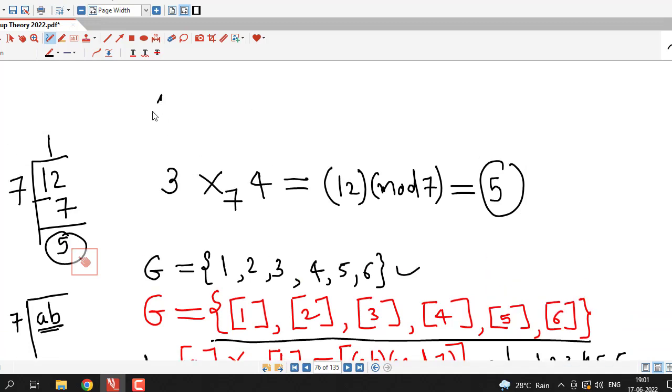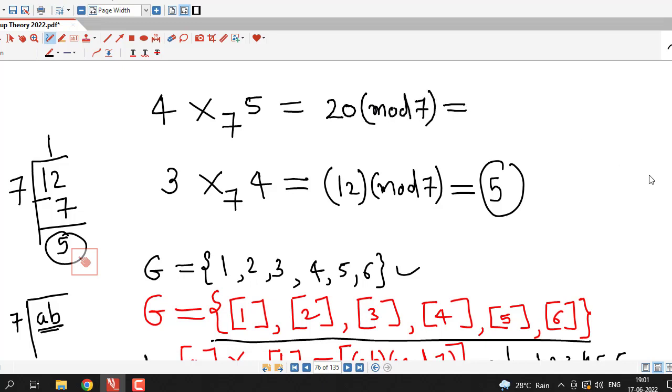Similarly, suppose I am interested in multiplication modulo 7 between 4 and 5. The product is going to be 20, 4 into 5 modulo 7, and we find the remainder when 20 is divided by 7. So this is 7 into 2, 14, and the remainder will be 6, so this will give me 6.